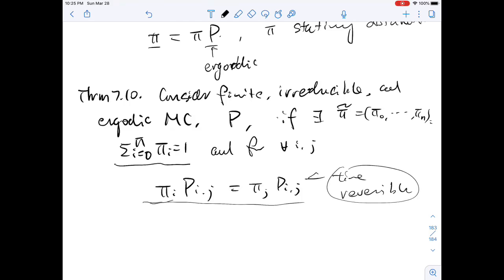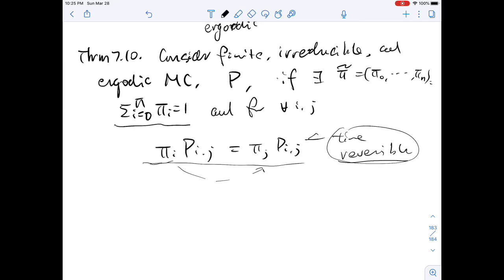In case in the future you wonder what a time reversible Markov chain is, it is a stationary distribution that also satisfies this property. But at this moment, what we say is that if we are able to find a pi tilde that satisfies this relationship, then pi tilde is going to be a stationary distribution.